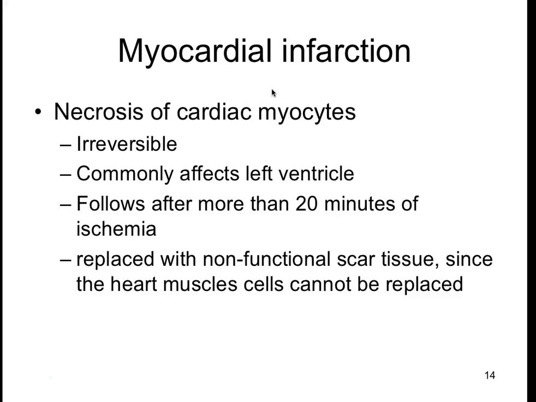And they absolutely need to manufacture a lot of ATP energy in order to contract. And without oxygen, 20, 30 minutes after the blockage, the heart cells downstream will start to die. And if that happens, then that tissue is replaced with non-functional scar tissue.